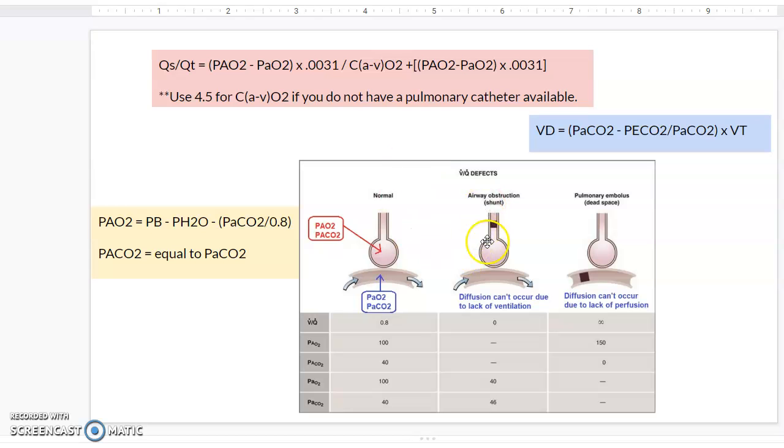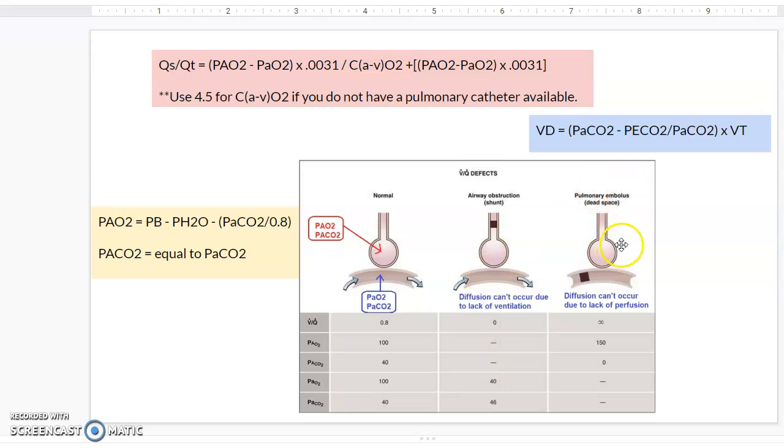Notice the table down here shows which values are going to be affected by each. Typically, with a shunting problem, you're going to have a major effect on your PaO2. It's going to be significantly decreased, down to say 40, when normal PaO2 from your blood gases should be 80 to 100.